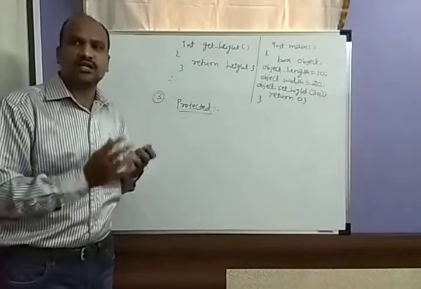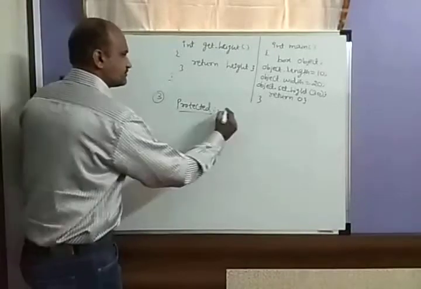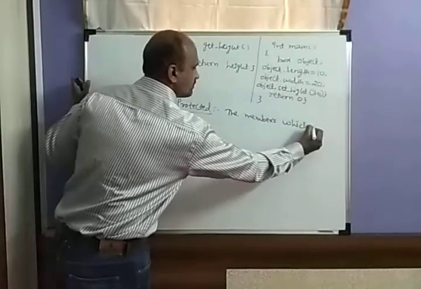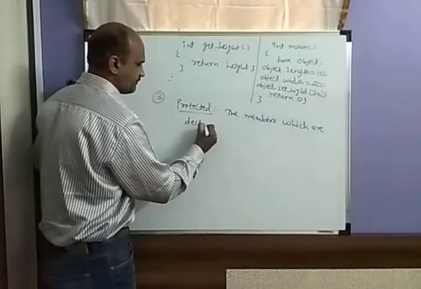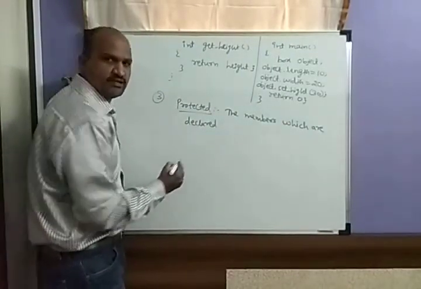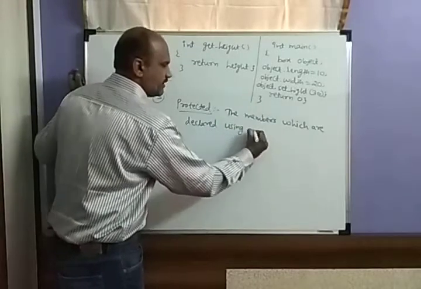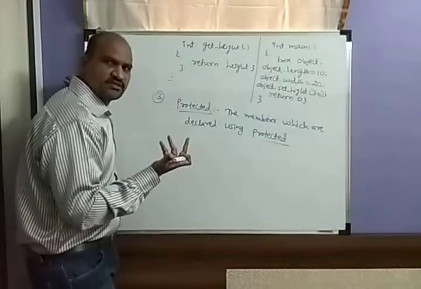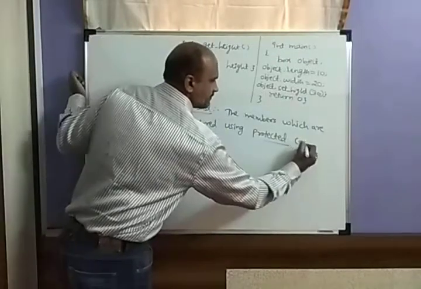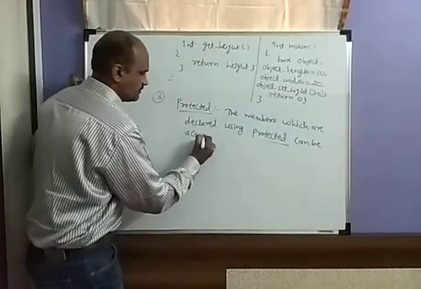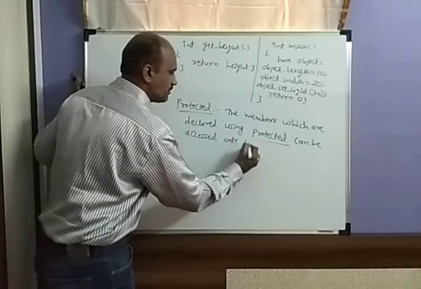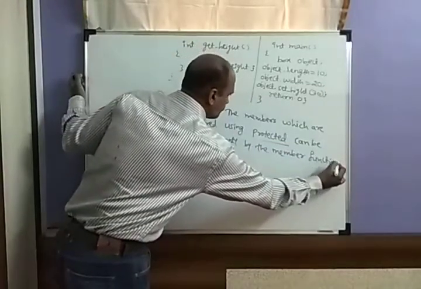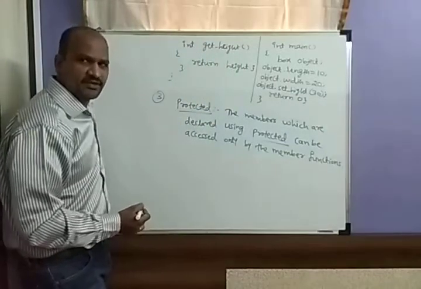The members which are declared using protected can be accessed only by the member functions. So both are similar, it works as private and protected.